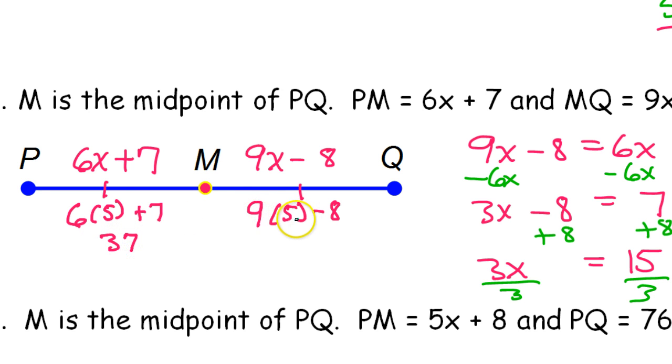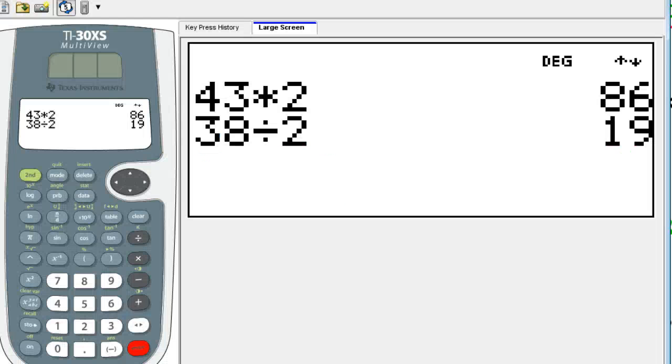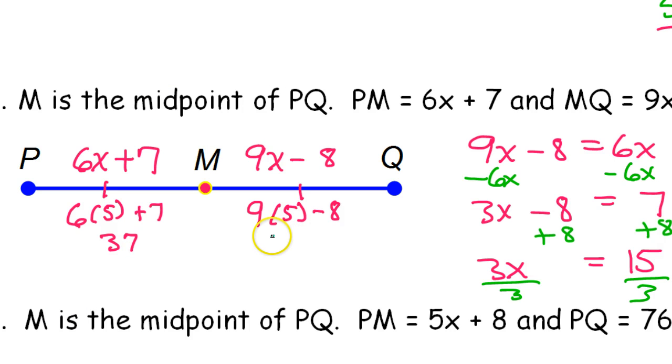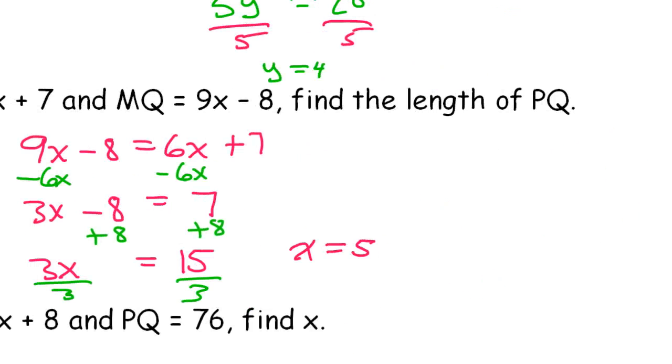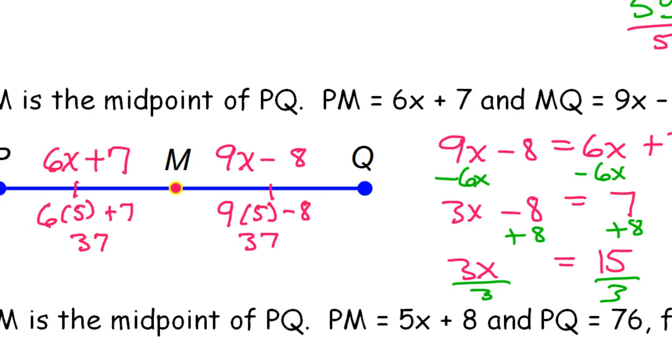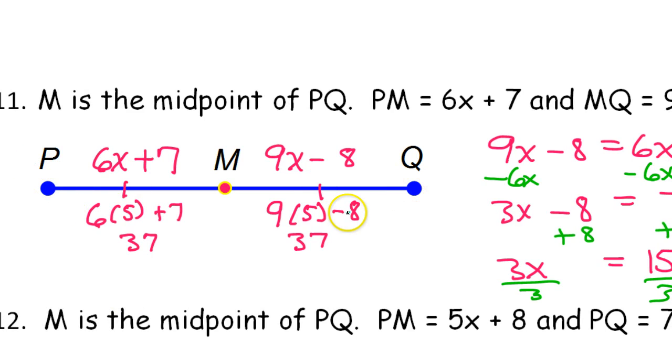Alright, 9 times 5 is 45 minus 8, 37. So both sides of this thing are 37. So if I want the length of PQ, from beginning to end, it's going to be this 37 plus 37. Alright, 30 plus 30 is 60. 7 plus 7 is 14. So that's 74.